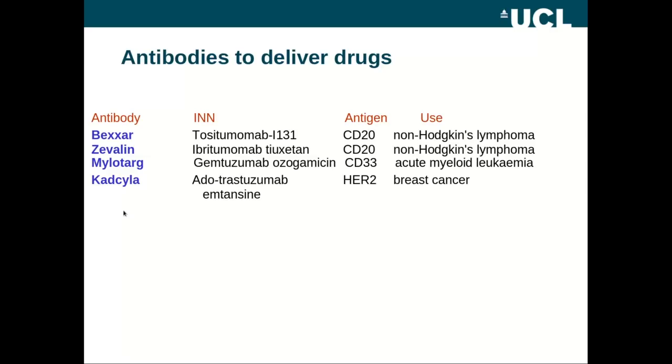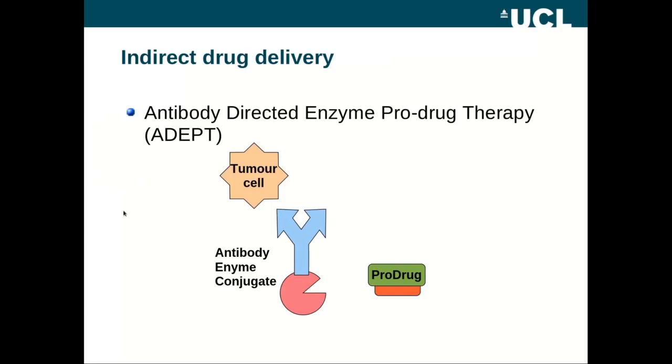Earlier, I also mentioned this idea of indirect drug delivery through a process known as ADEPT, or antibody-directed enzyme prodrug therapy. Now, what we do here is take an antibody and conjugate it to an enzyme. We inject that antibody enzyme conjugate into the patient and it localizes at the tumour cell. The antibody binds to the tumour cells.